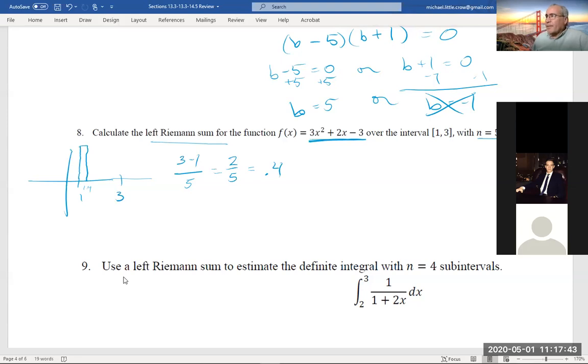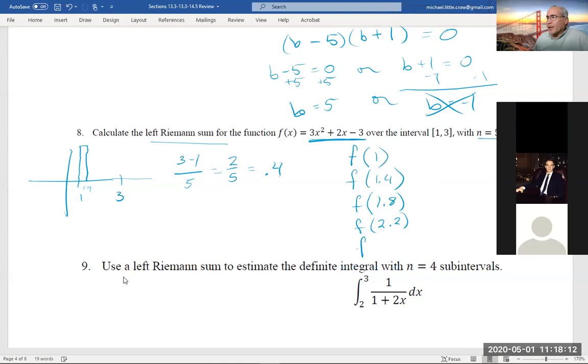I'll do the graph later, but let's go ahead and do it. We're going to go from f of 1, f of 1.4, and notice how I'm just going to keep adding 0.4 to these, f of 1.8, 1.8 plus 0.4 is going to get me to 2.2. And notice I've got 1, 2, 3, 4 so far.